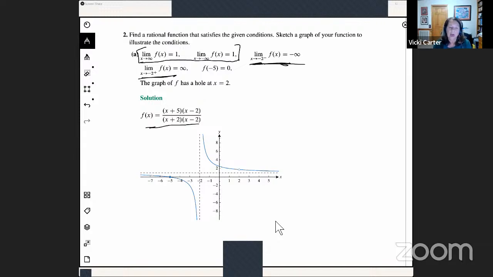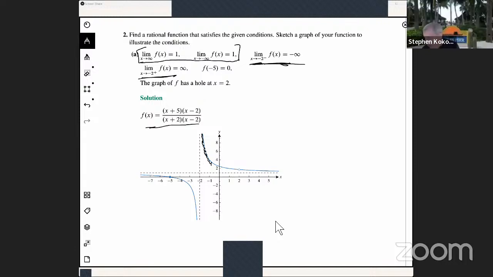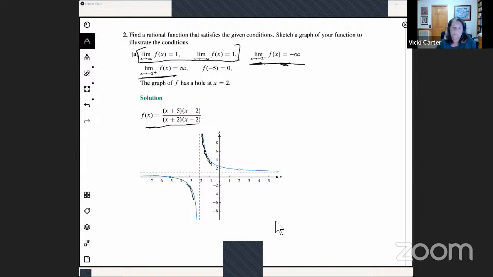If they sketched those approaching positive infinity, negative infinity on either side of -2, I think that would make it clearer to them as they were working on this problem. I love the sketch as you go kind of thing here, just sketching out what that means as you get close to that. I think that's a really smart way of getting a general idea of what's going on there.